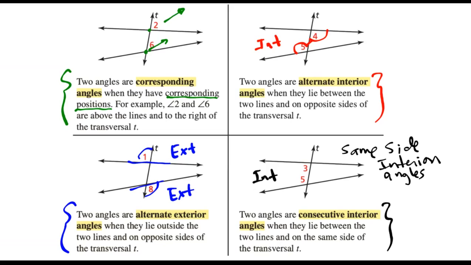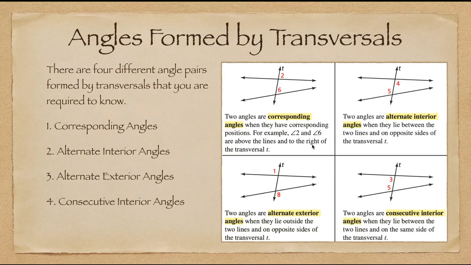That's an alternative name, but the formal name is consecutive interior angles. So they lie on the same side of the transversal, but notice that all of these angle pairs are adjacent to 2 different lines that the transversal intersects.